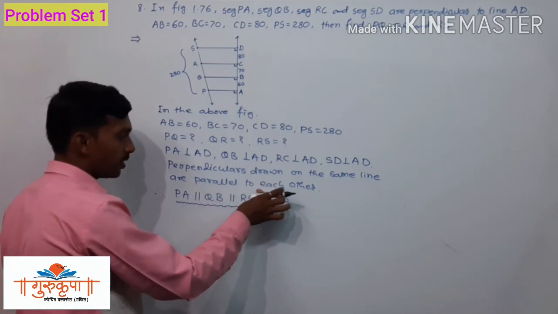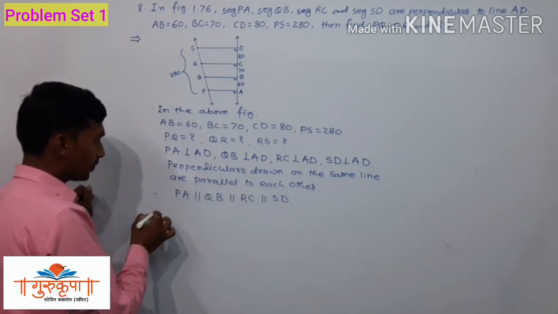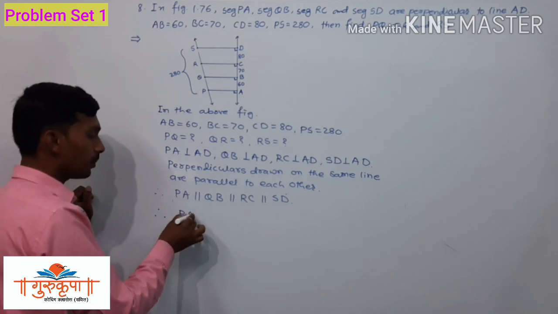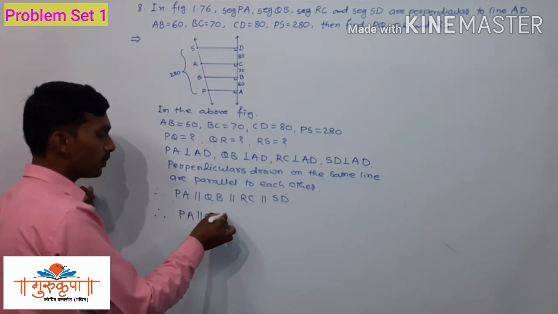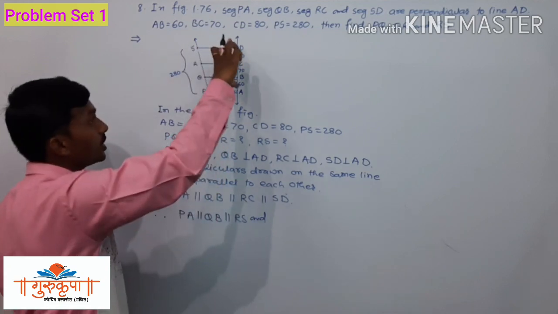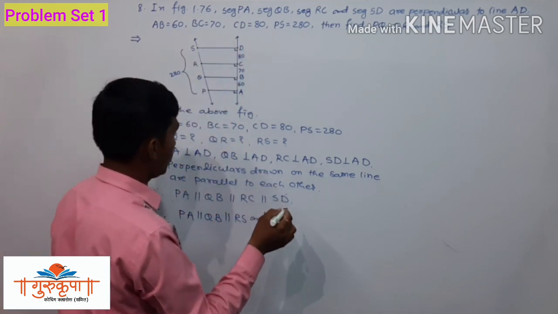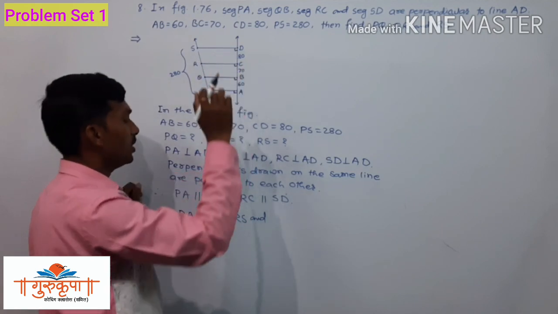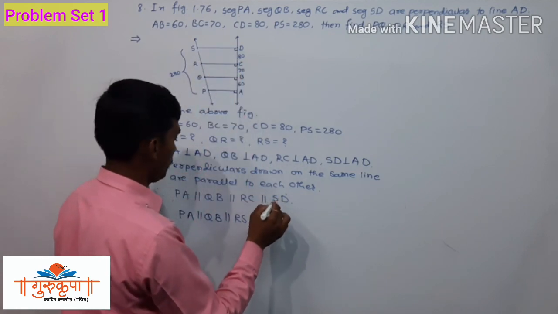We will write that part here: PA parallel QB parallel RC, and PS and AD are the transversals, or you can write PR and AC are the transversals.